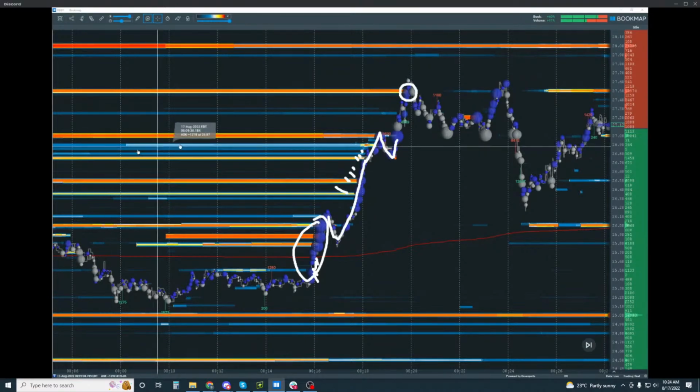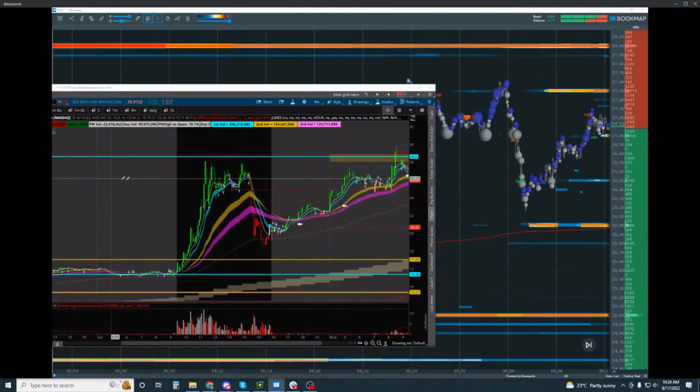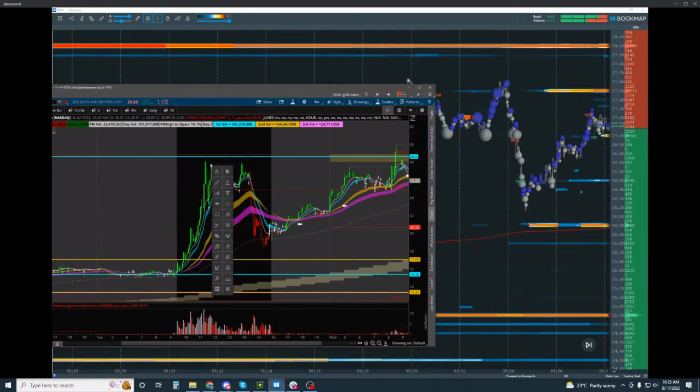Previous day area of resistance. So the 27.50 for me was a pretty good key area to start trimming. And you can see over here the reason. Yesterday, I was looking at this area. We topped over here into the 28, over here down to 27.80, then over here again into the 27.70s, 27.80.